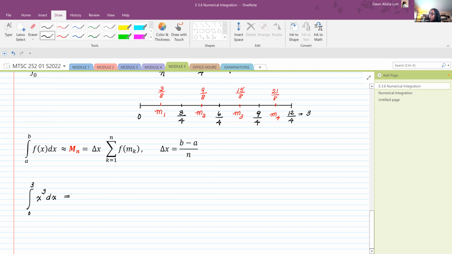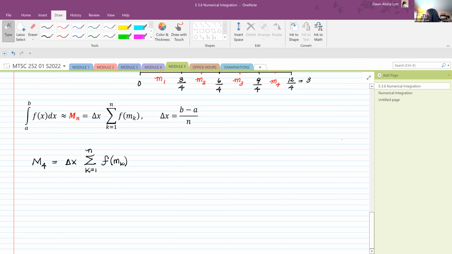M4 is delta x times the sum k equals 1 to n of f of mk.